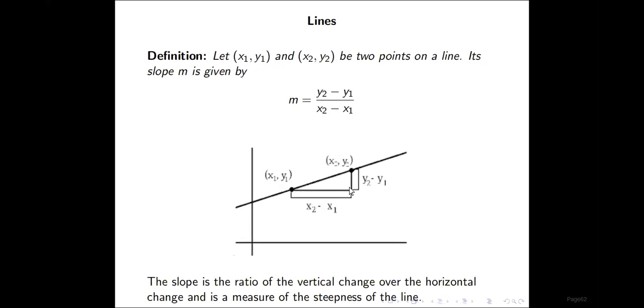So again, the slope is just the ratio of the vertical change over the horizontal change, the change in y and the change in x. And it measures the steepness of the line, meaning a greater slope would mean a steeper line, and a lesser slope would be a less steep line.